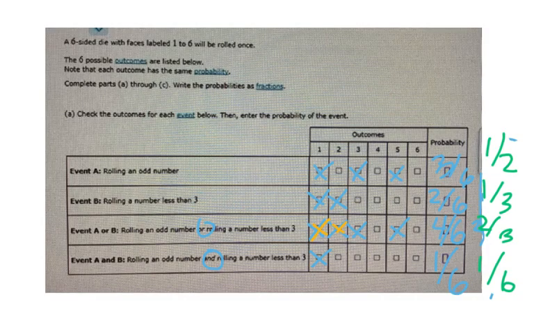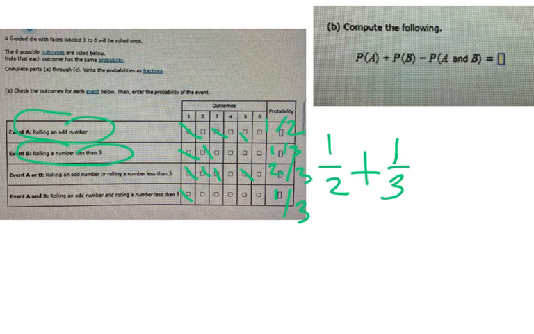Just checking to make sure I'm correct here. Yep, 1/3. Then minus, I'm going to put a minus in yellow here, minus the probability of A and B. So A and B is 1 half and 1/3. Okay, so now let's do the math.